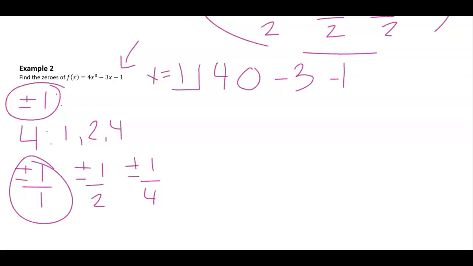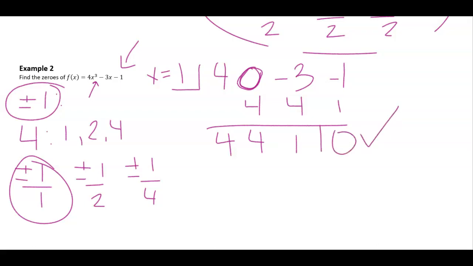Also notice in my synthetic division, I don't have an x squared term, so I do need that placeholder. Otherwise, I might not find the true factors here. All right, I take down the 4. 4 times 1 gives me 4, and I add. 4 times 1 gives me 4, and I get 1. 1 times 1 gets 1, and I lucked out, y'all.